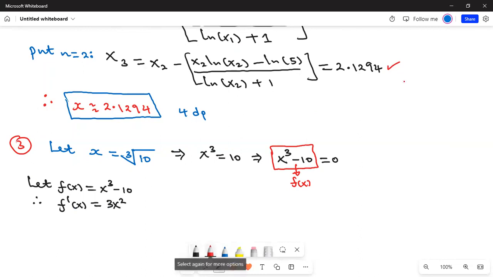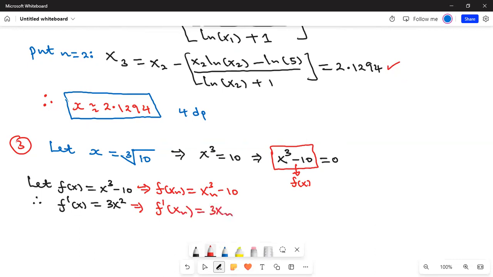Let us evaluate this at x equals xn. So write f of xn is the same as xn cubed minus 10. And this other one is f prime of xn. That will give us 3xn squared.